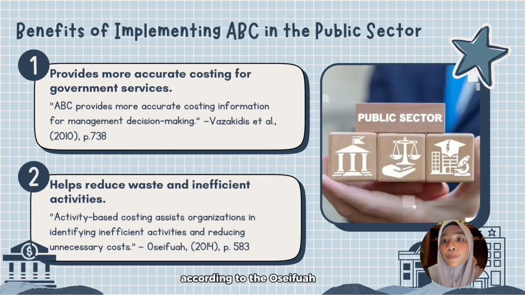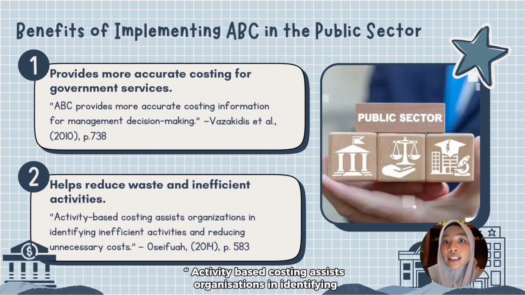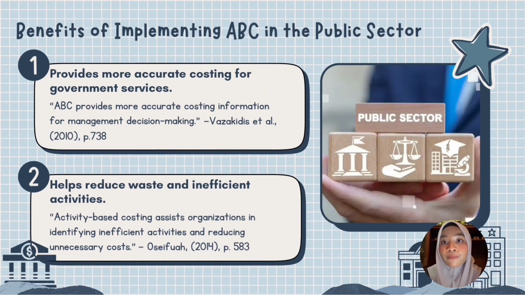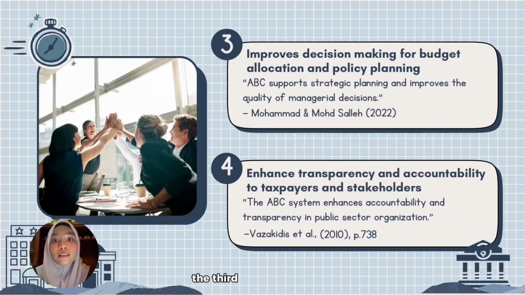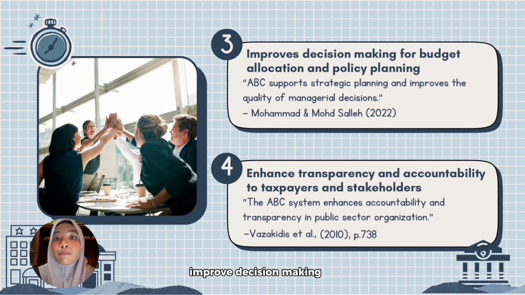According to Syafiah 2014, activity-based costing assists organizations in identifying inefficient activities and reducing unnecessary costs. This indicates that ABC is not only a costing tool but also a management tool that helps organizations improve efficiency and reduce resource wastage. The third benefit is that ABC improves decision making for budget allocations and policy planning.